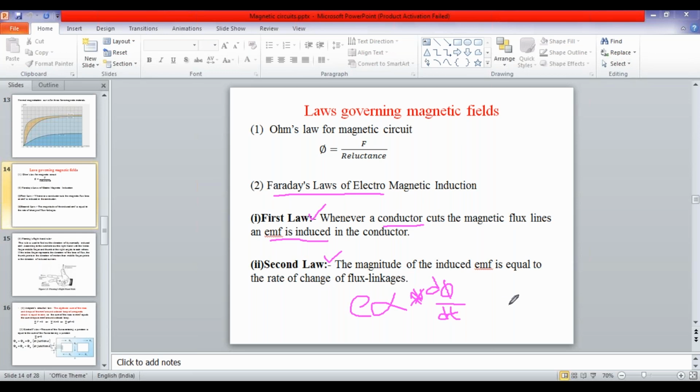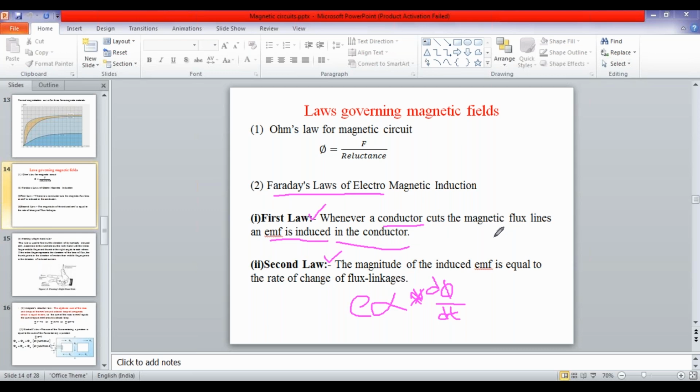So Michael Faraday's first law tells how an EMF is going to be induced, the principle of induced EMF. The second law gives the magnitude of induced EMF. So here the first law says that whenever a conductor cuts the magnetic flux lines, then an EMF is going to be induced in that conductor, but not in the magnetic flux lines.